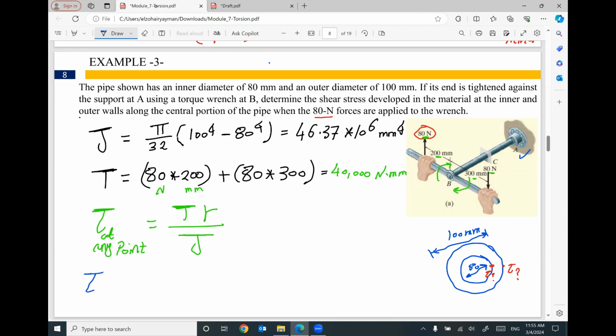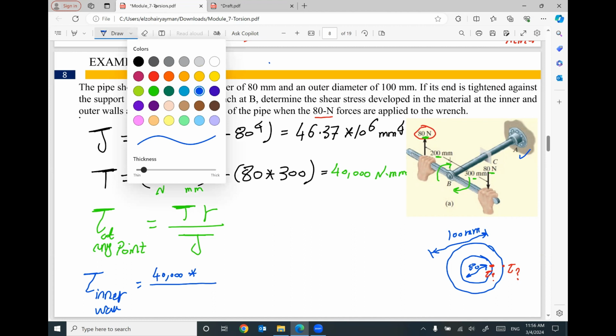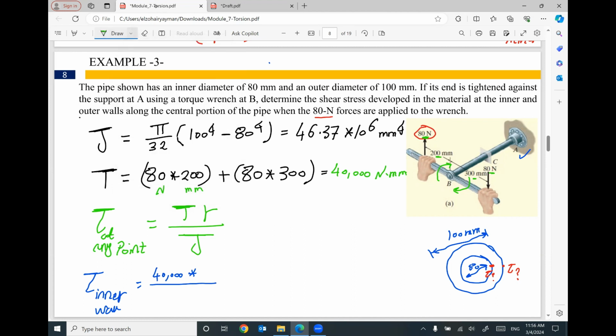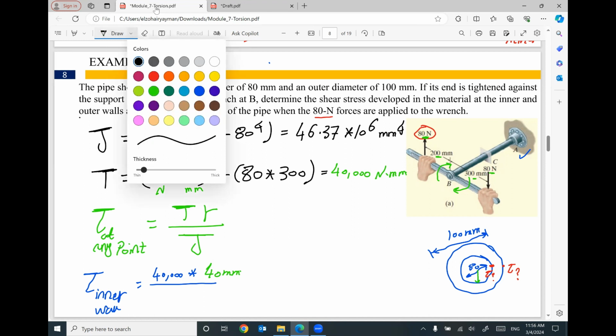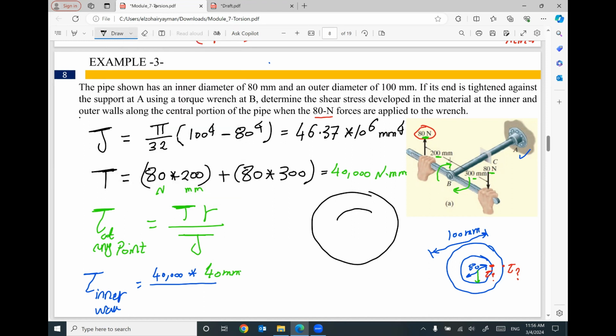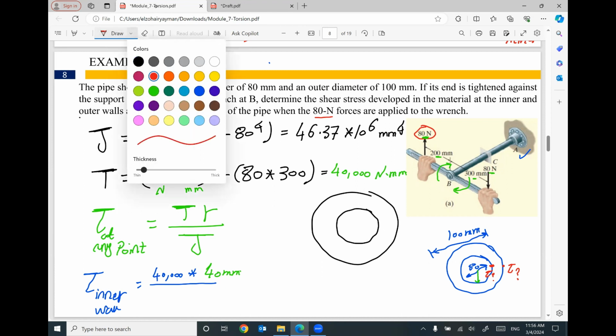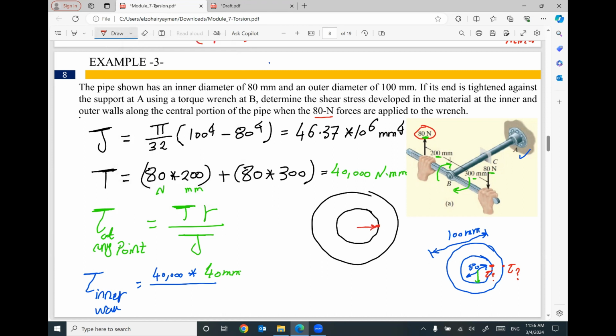So the shear stress at the inner wall will equal the applied torque 40,000 times distance R. What is the distance R for the inner wall? It's 40 millimeter. Does that make sense? Keep in your mind, this is your cross section. So for the inner wall, the radius R or the distance R equals 40, divided by J, 46.37 times 10 to power 6.